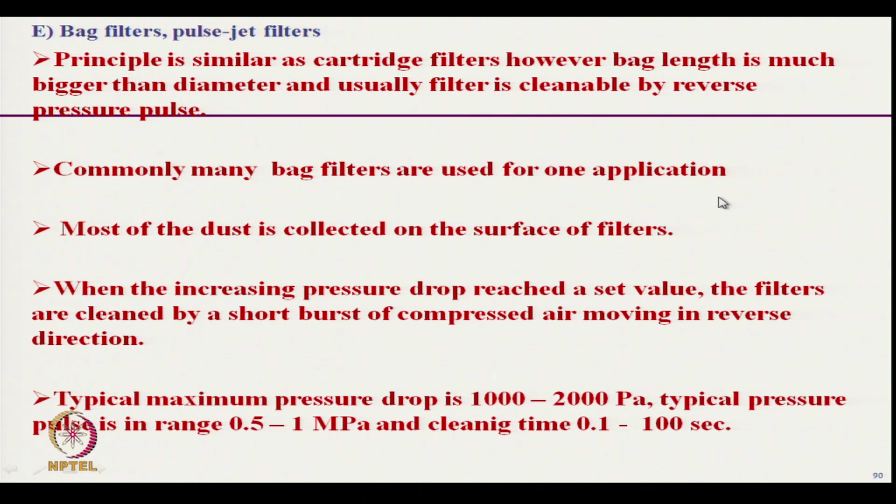So, commonly many bag filters, as I have mentioned, are used for one application. There may be hundreds of bag filters. Most of the dust is collected on the surface of the filter. When the increasing pressure drop reaches a set value, it will measure the pressure drop. The filters are cleaned by a short burst of compressed air moving in the reverse direction.